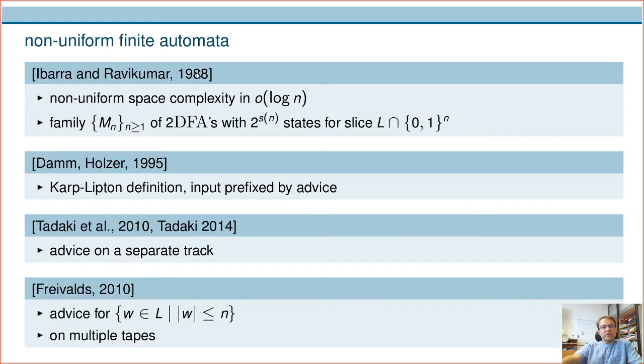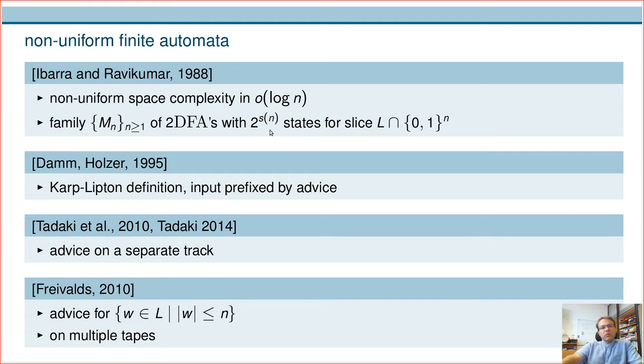Notably, in 1982, Ibarra and Ravi Kumar studied the space complexity in the below log n range, and their model was that they had a family of two-way finite automata, each used to process the slice of the language of length n, and they looked at the number of states. So this S_n is the state complexity: we have 2 to the S_n states.